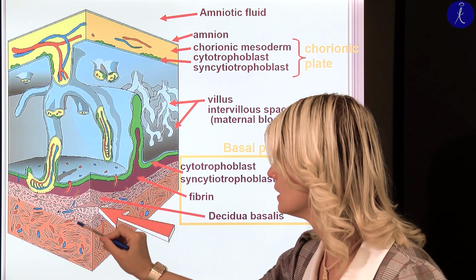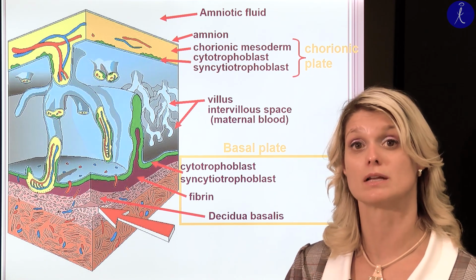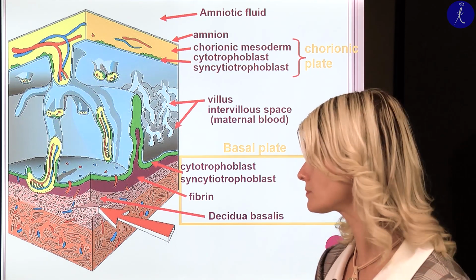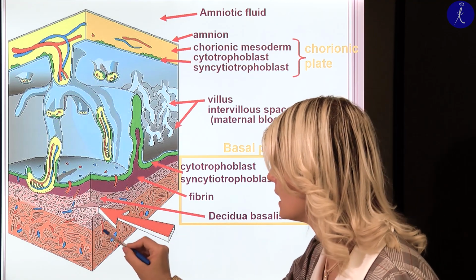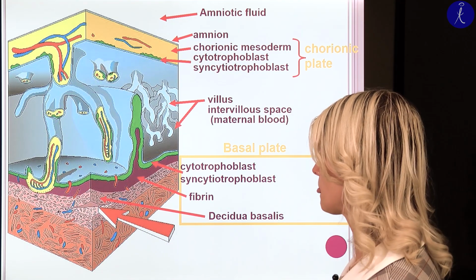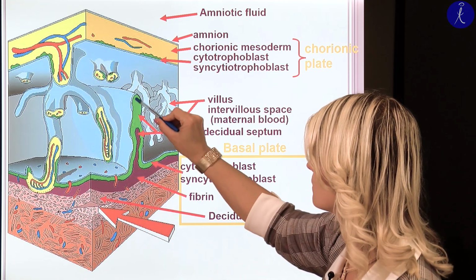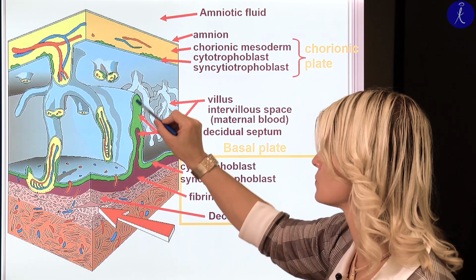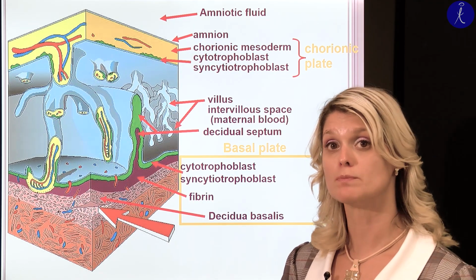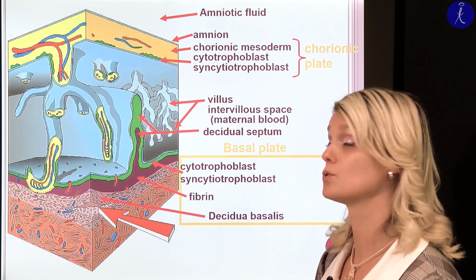Here you can see the decidua basalis, which is the maternal part of the placenta, and the last layer, the myometrium. From the maternal part, decidual septa develop, which form the smaller units of the placenta, which I will show you later, called cotyledons.